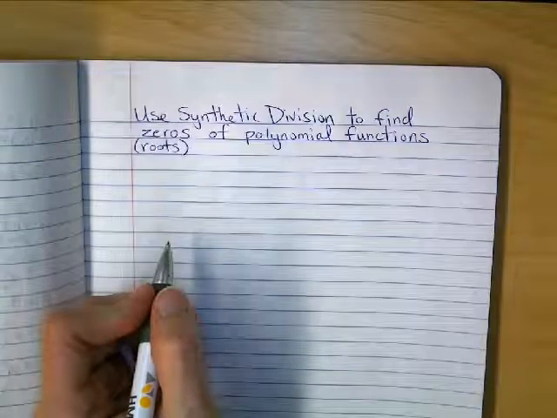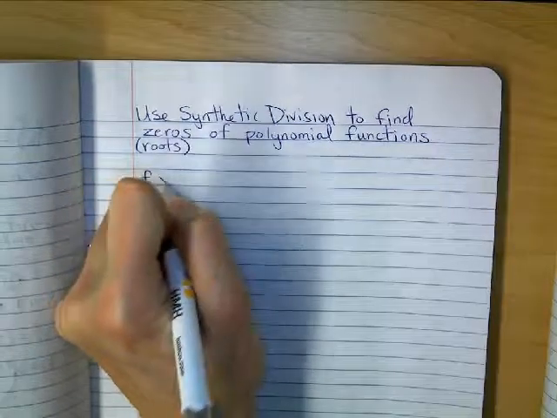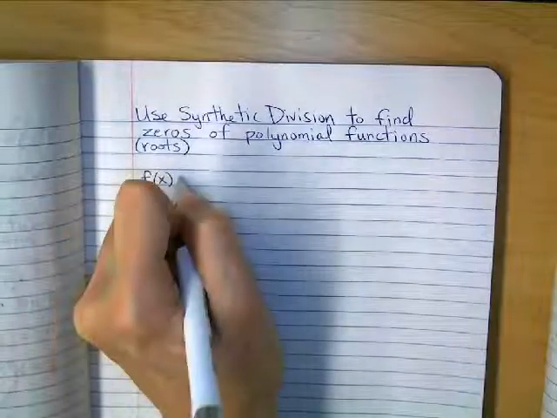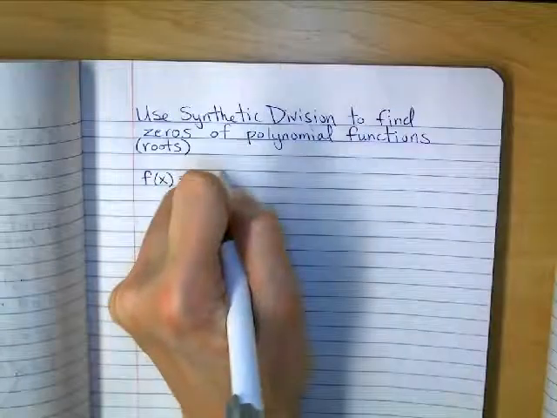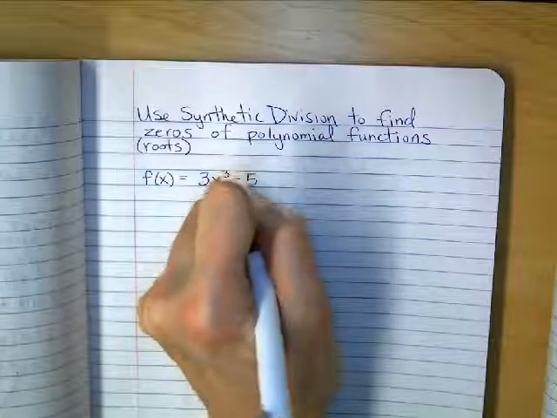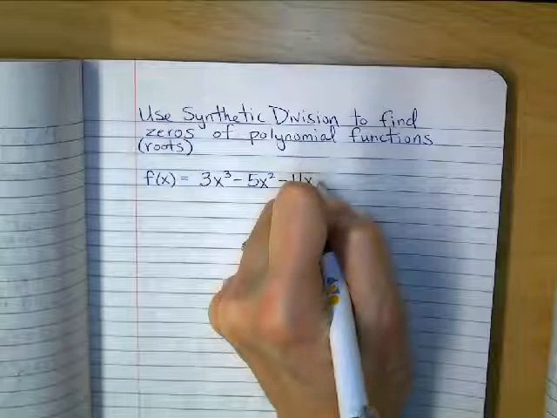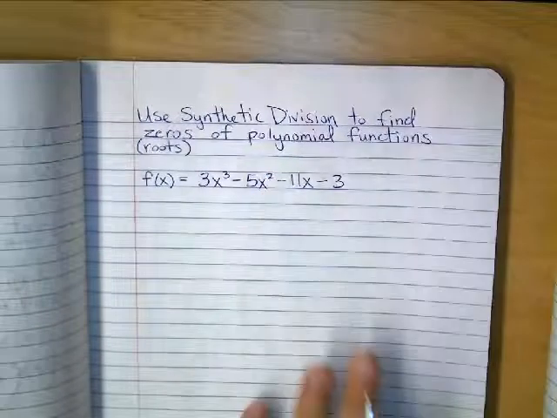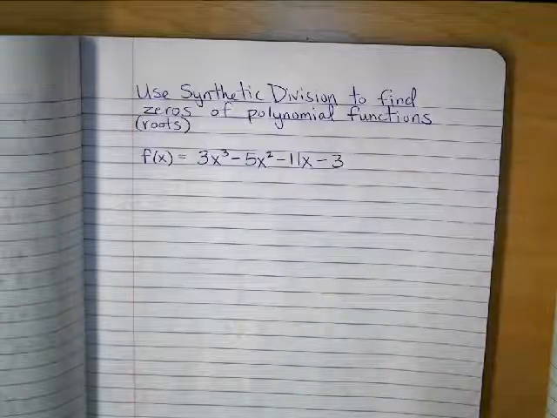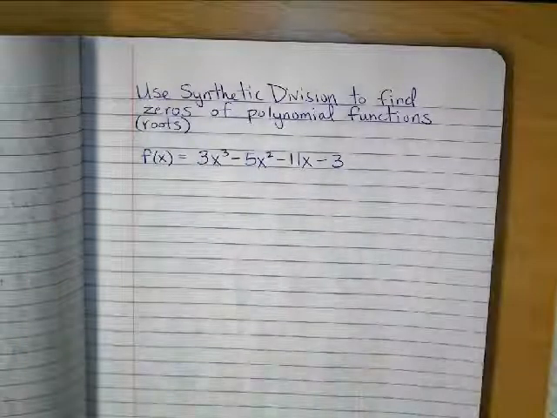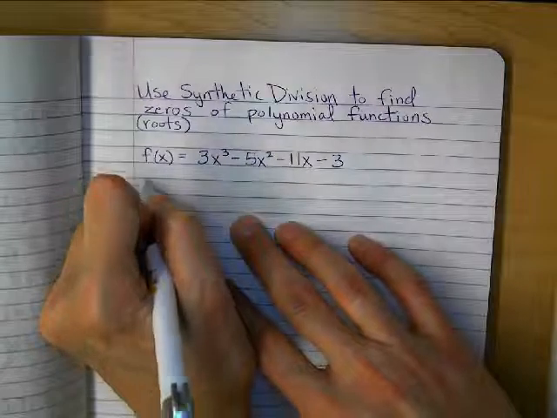Basically like we were doing, you're given some kind of function, like f of x equals, let's try to write one out, 3x to the third minus 5x squared minus 11x minus 3. So the first step you've already learned was to list all the possible factors of the number.